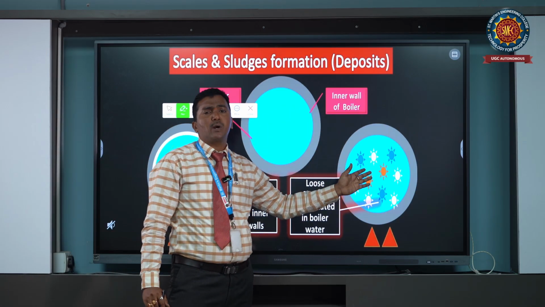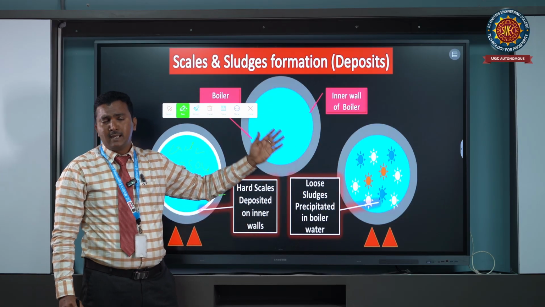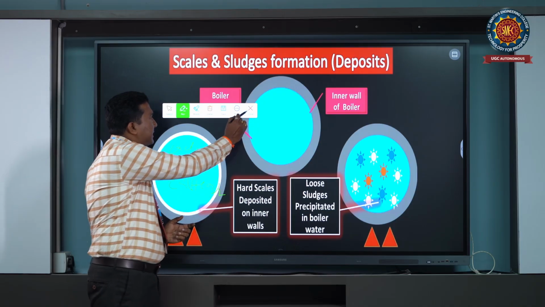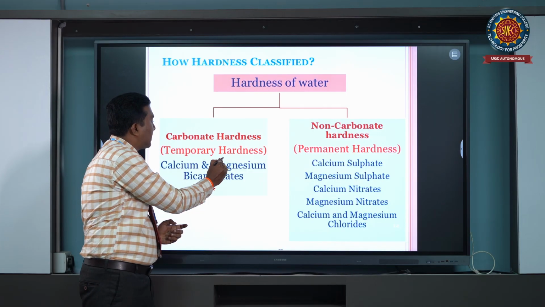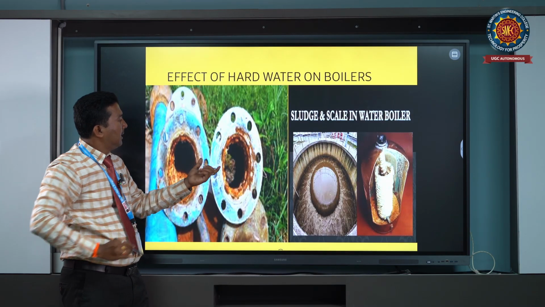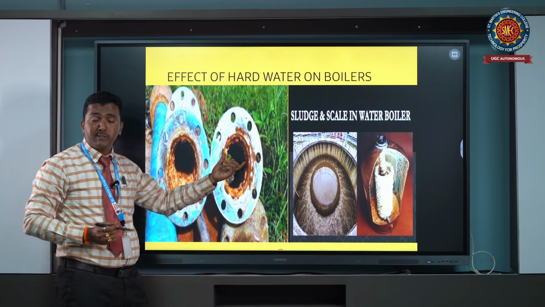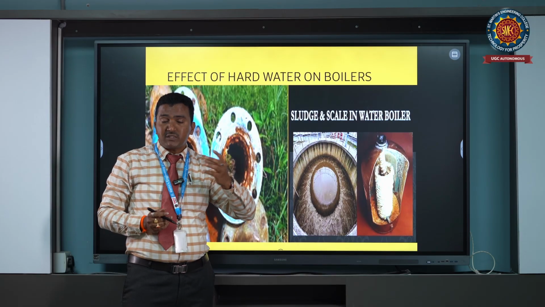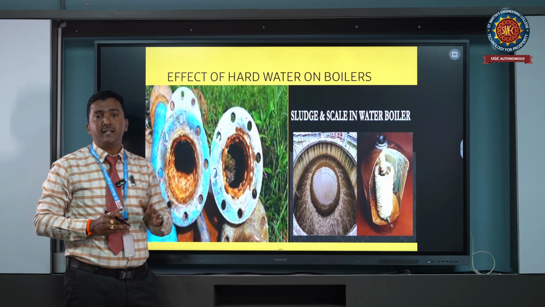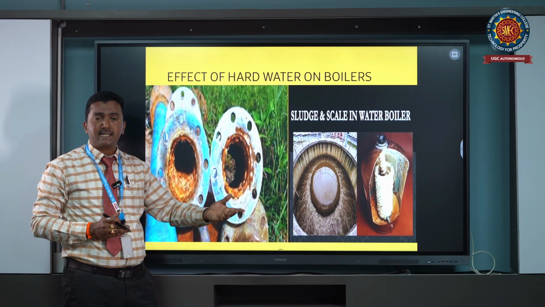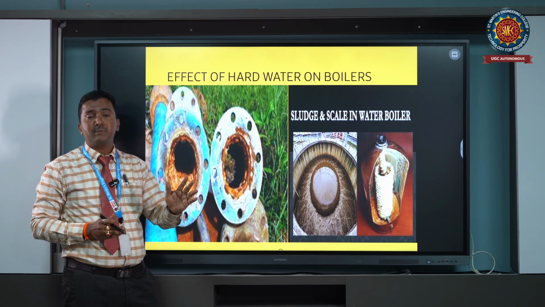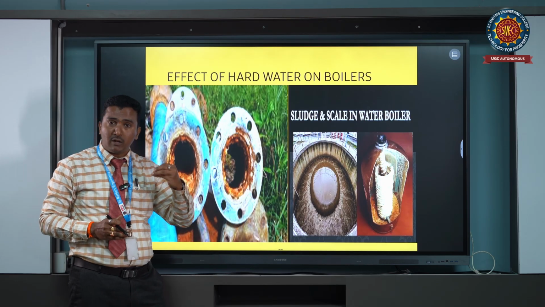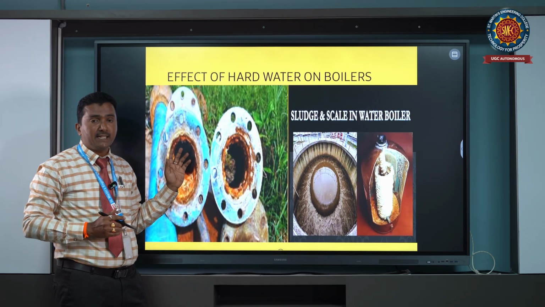The remaining ones are chlorides, sulfates and nitrates of magnesium. Due to strong adhesion, the working capability of boilers decreases. During the conversion into steam, a temperature difference is created between the inner side and outer side, sometimes cracks happen, and more fuel consumption is required. These are the disadvantages.